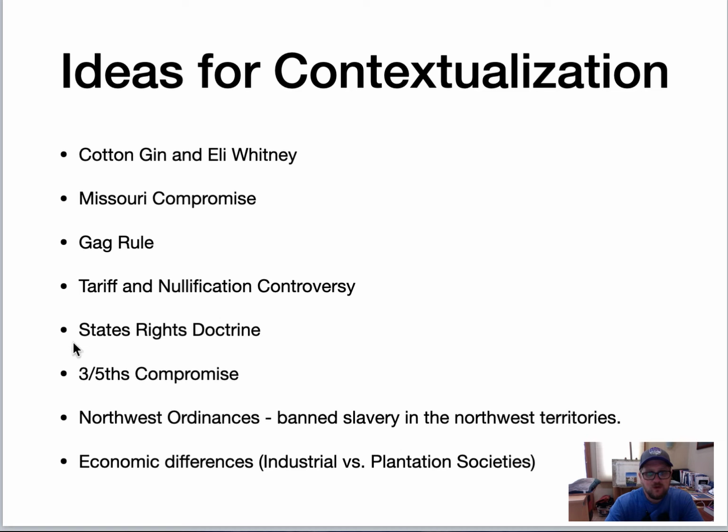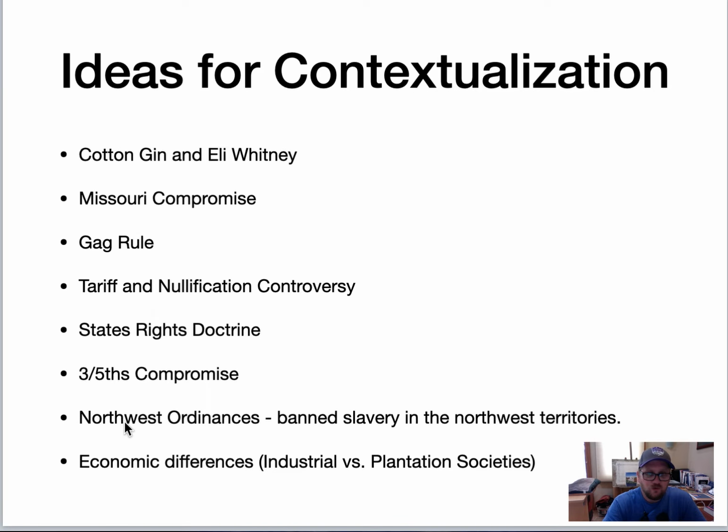We'll skip down a couple. We can also talk about the Three-Fifths Compromise as a constitutional point that actually shows that the Constitution was willing to allow slavery because of their stance on slaves being 3/5 of a person.